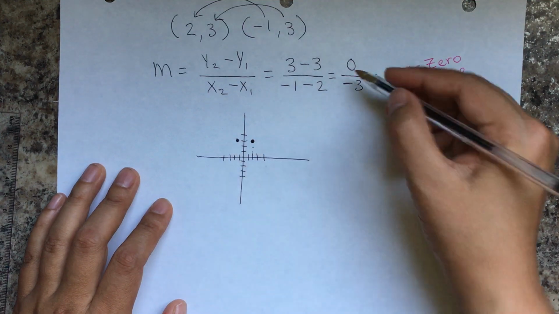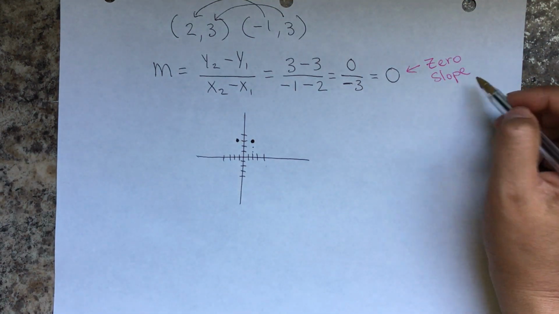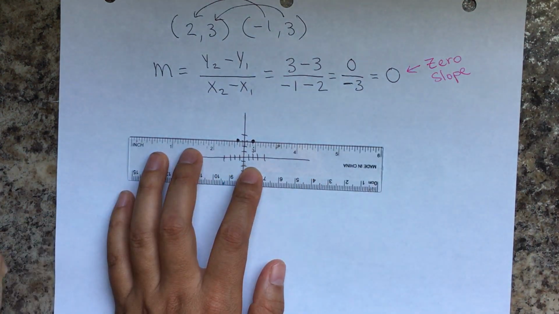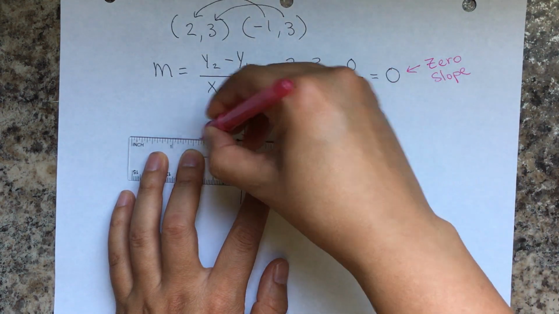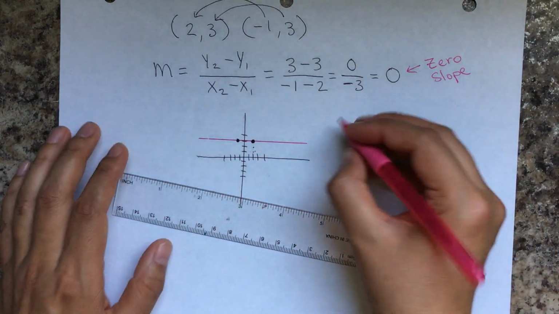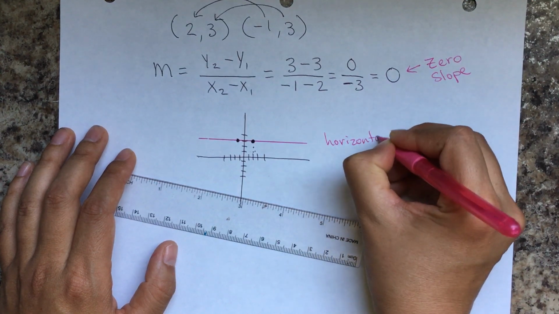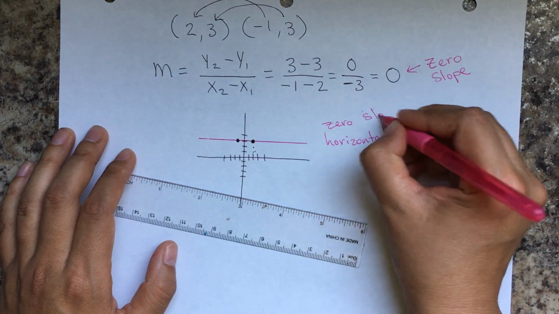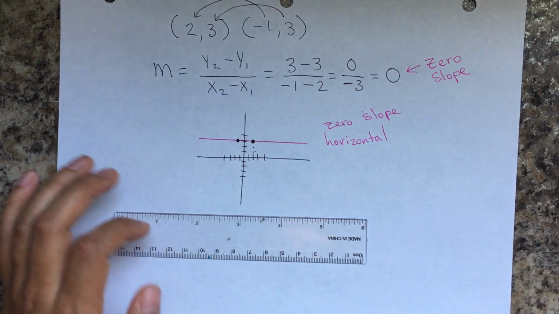So when the 0 is on the numerator and you get a 0 slope, we don't call that undefined. We call this the 0 slope. So the line is a horizontal line. We don't call it 0 line. Okay.